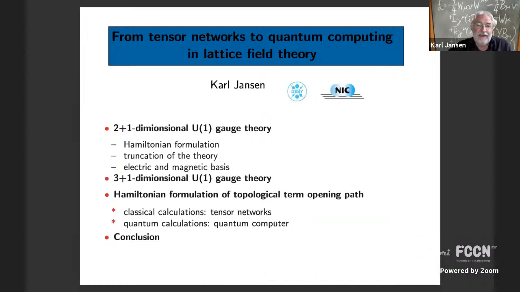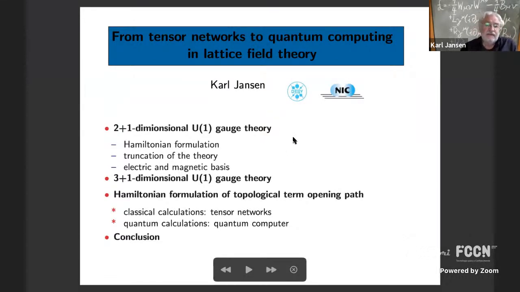And what I would like to do today is give you a possible way for using tensor networks and quantum computing in lattice field theory in the future. For this, I will first discuss a 2+1 dimensional U1 gauge theory in the Hamiltonian formulation, and show you how we are thinking of truncating the theory in the degrees of freedom, and how we can map from the electric to the magnetic basis to really cover the whole parameter range.